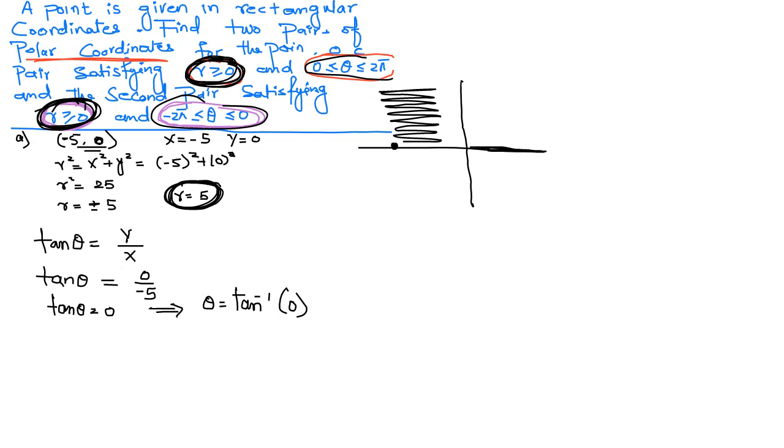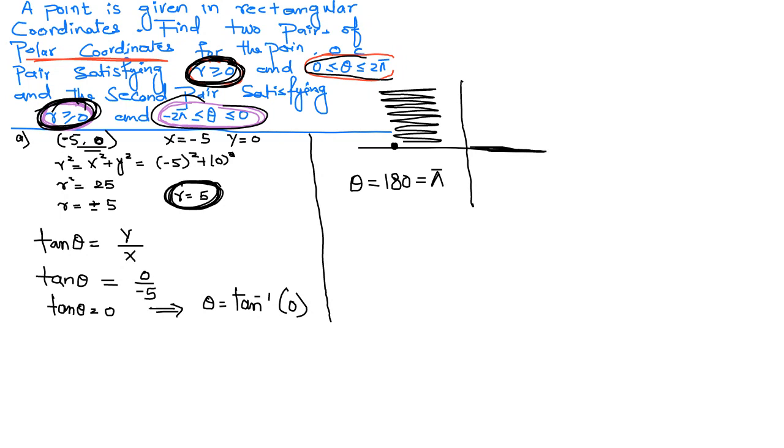Is this tangent equal to 0 or not? Zero. It means we can take theta is equal to 180, which is equal to pi.